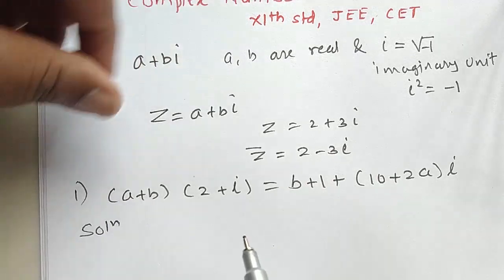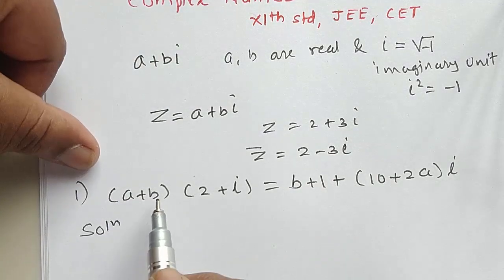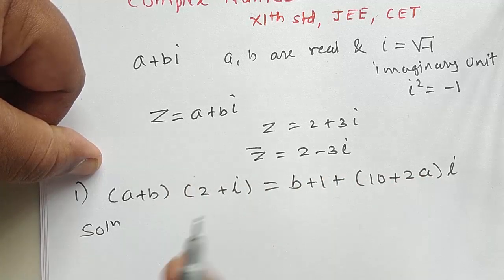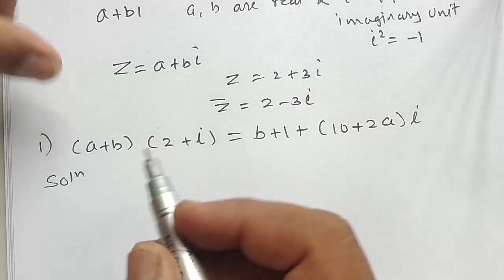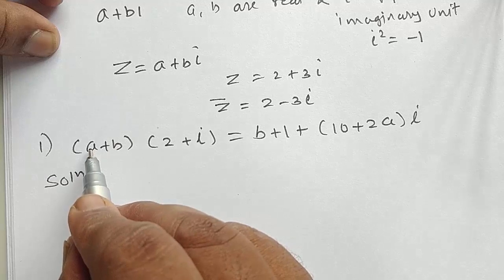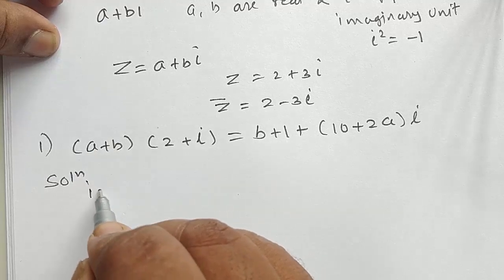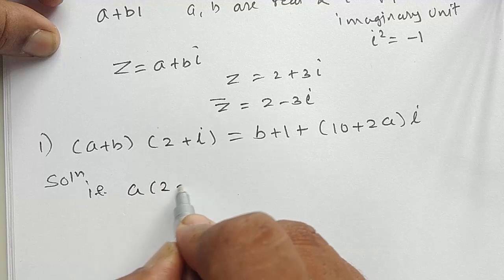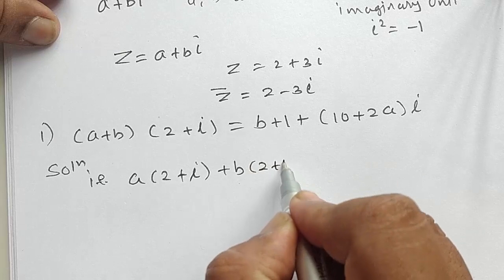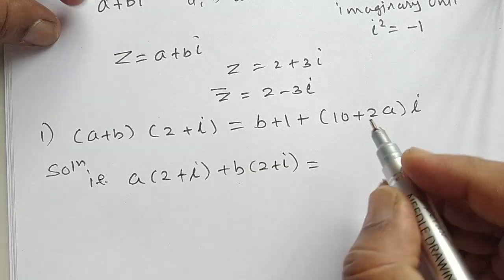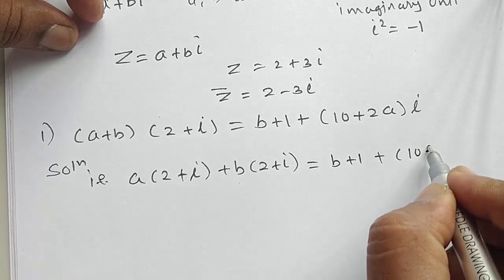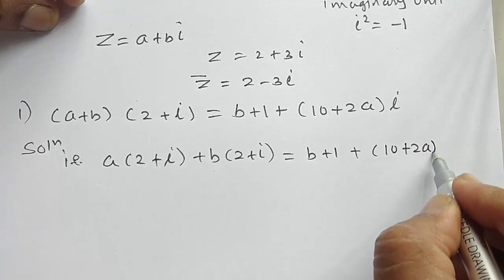Solution. Now, this is an equation. We solve the left hand side as well as the right hand side. Now, we multiply this bracket to every element of the first bracket, that is a into (2 plus i) plus b into (2 plus i) is equal to (b plus 1) plus (10 plus 2a) into i.